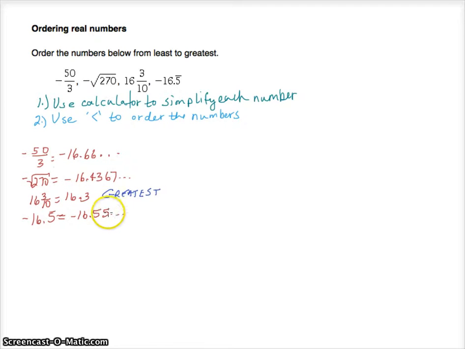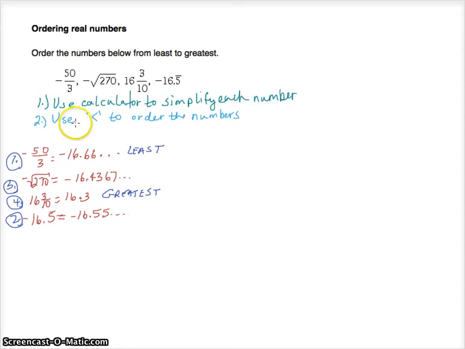And then I need to compare, I have 6, 4, and 5 as my first decimal places, and so it's quite obvious that negative 16.66 is the least. And so if I order these from least to greatest, it should go 1 as my least, 2 is my next smallest, 3, and then 4.